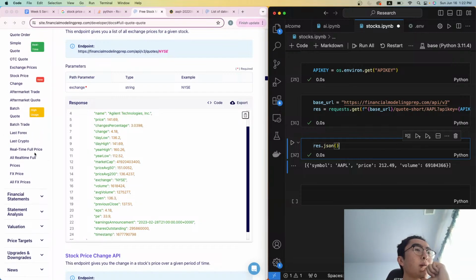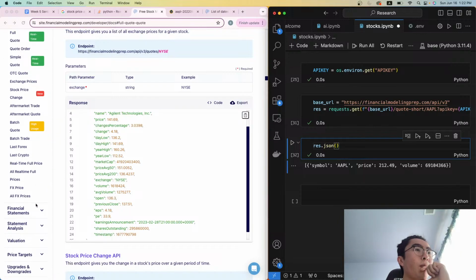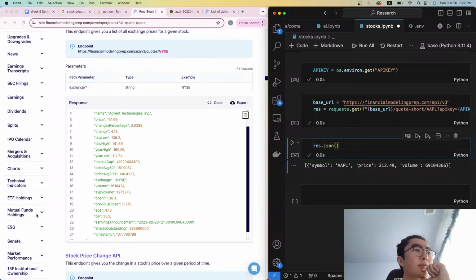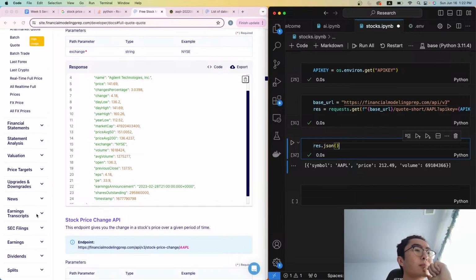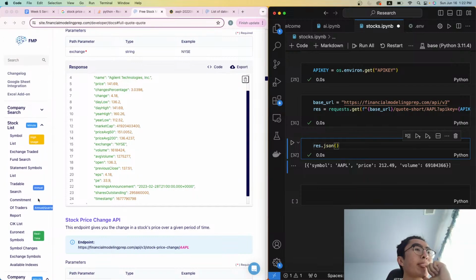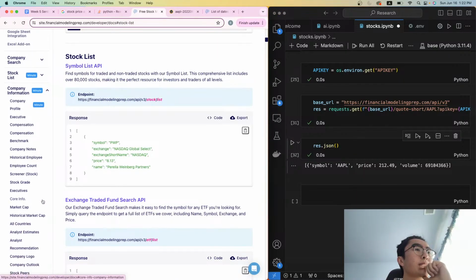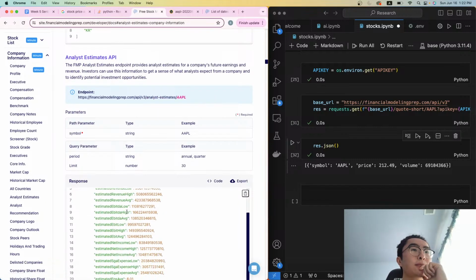Transcripts and news, FX prices. Analyst estimates.